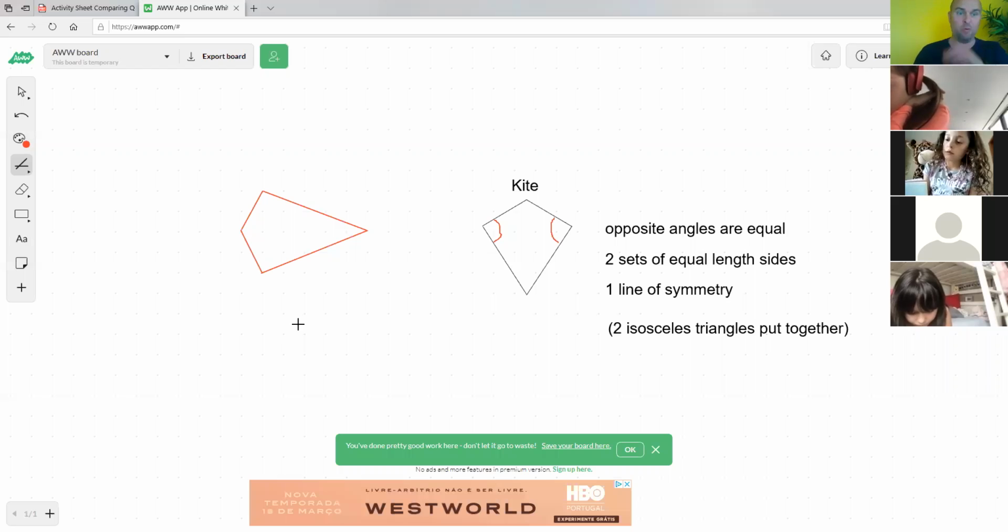Like that. So you might see a kite in that shape, turned around a bit. Still a kite.